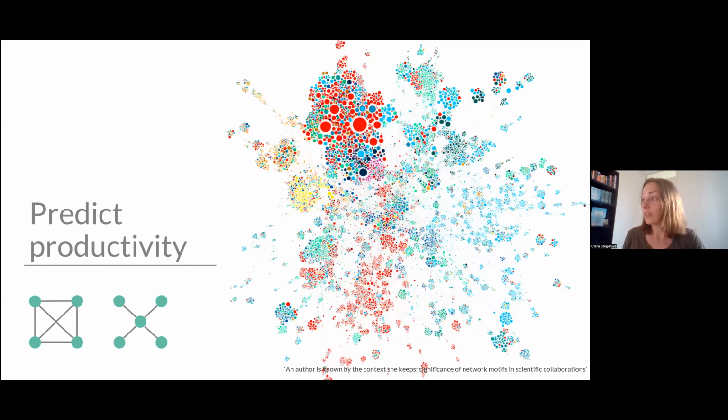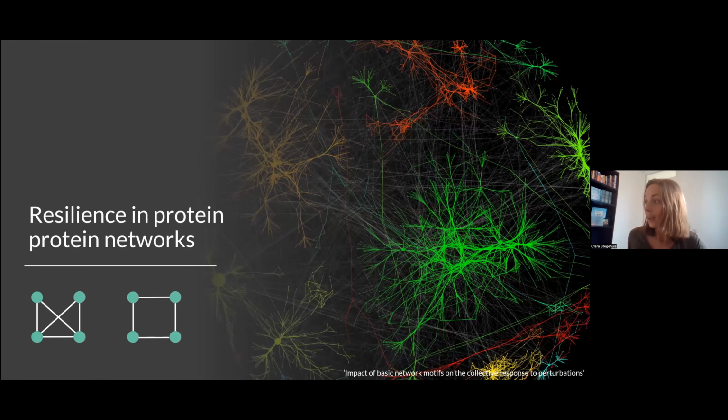Whereas in scientific collaboration networks, some types of motifs of authors that collaborate with others were very much linked to how productive the scientific author will become. And some other types of subgraphs have, for example, been found in protein-protein networks, where if you see these types of network motifs appearing, then it seems that the network is more resilient to damage.